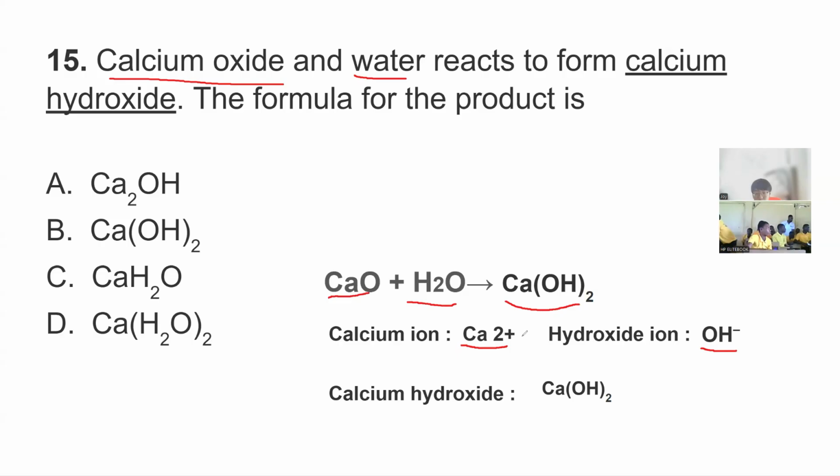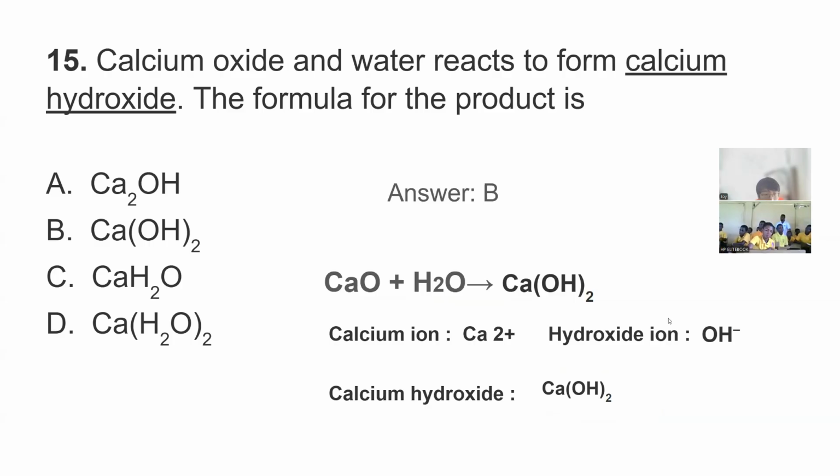So calcium ions with hydroxide ions form Ca(OH)2. That is why the answer is B for this question. And OH has a subscript of 2 because the hydroxide ion has a charge of 1 minus. To match that, we need 2 hydroxide ions since the calcium ion has 2 plus. That is the basics behind this.